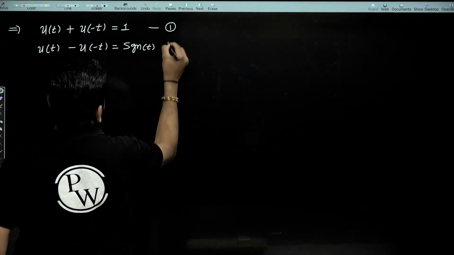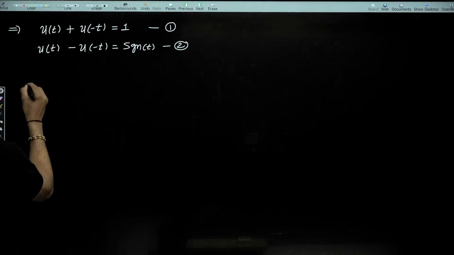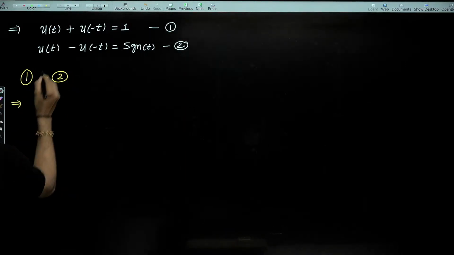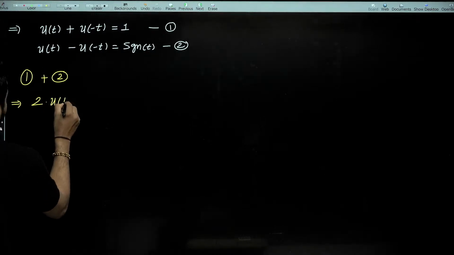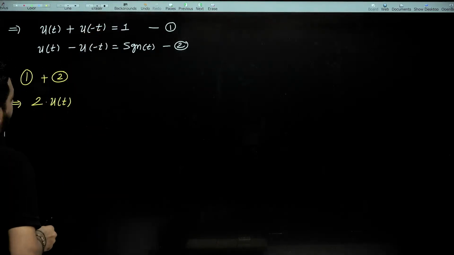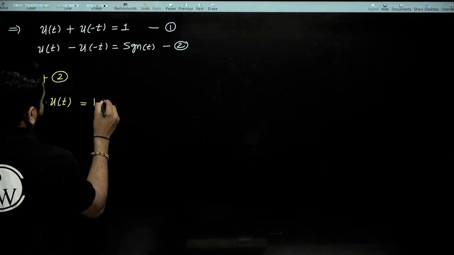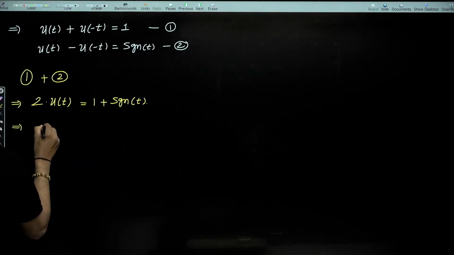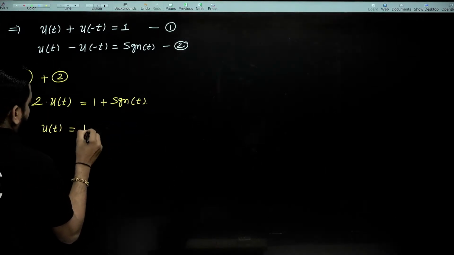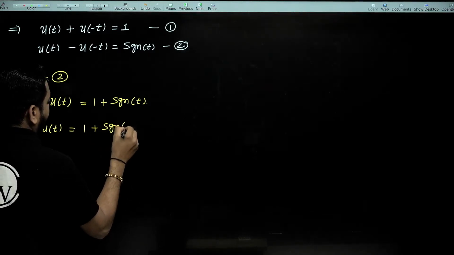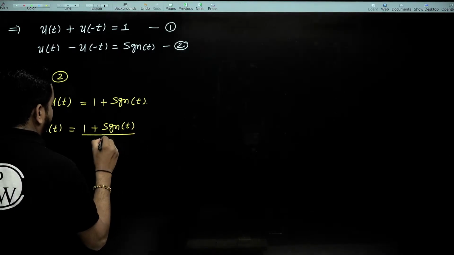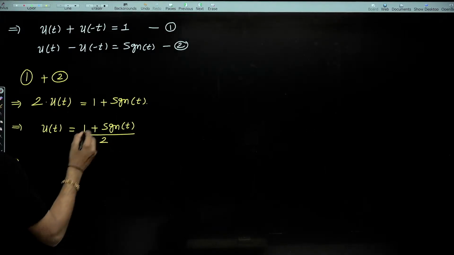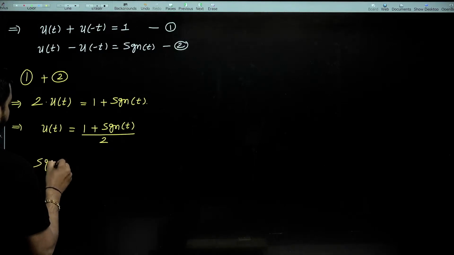Let us mark these as equations 1 and 2. If you add these two equations, then 2 times u of t is 1 plus Signum of t. So u of t is equal to 1 plus Signum of t, divided by 2.